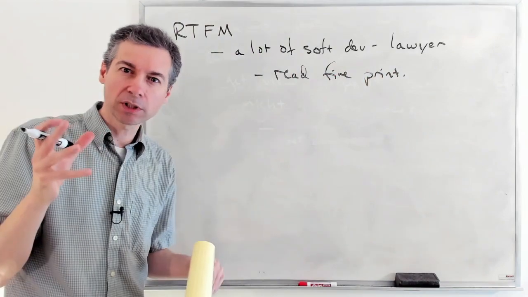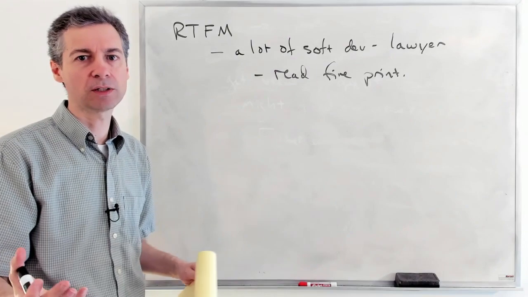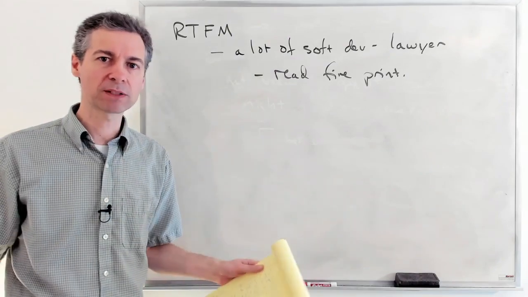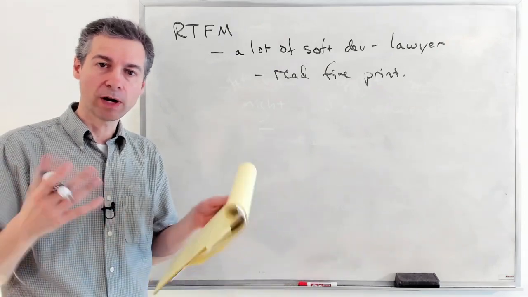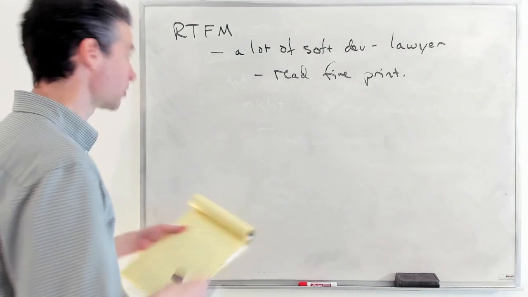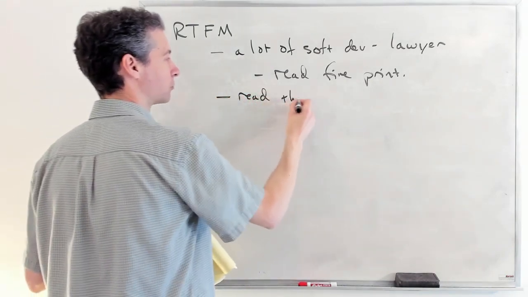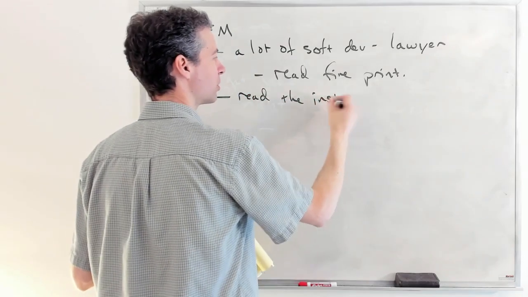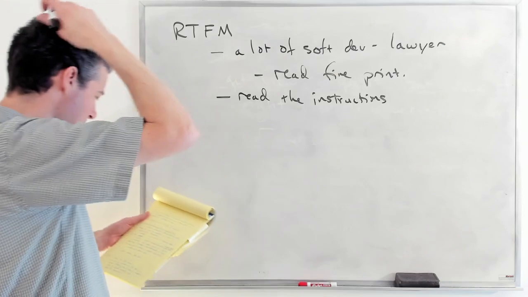It's like, what do these words really mean? You're going to do a ton of this in software. These are big systems, they've been documented, and there's a lot to read to know how to flip the right switches, so to speak, and get it to work. So it's kind of the same thing. It's like read the instructions. Don't just dive in there. You're going to have to acknowledge that you're going to spend a lot of time reading things.